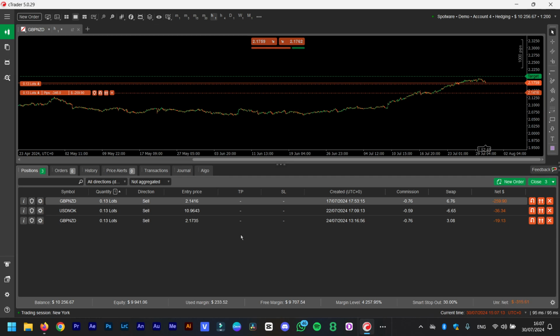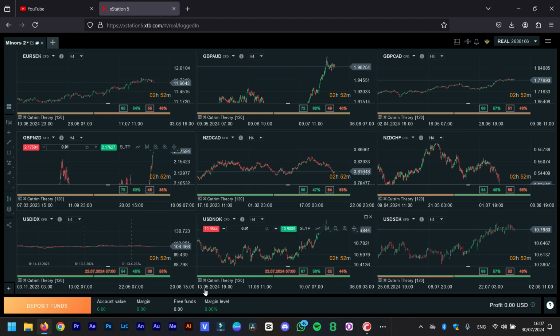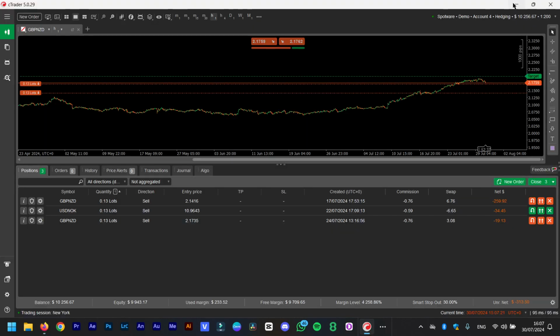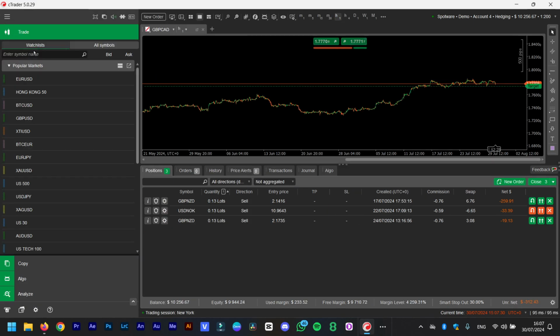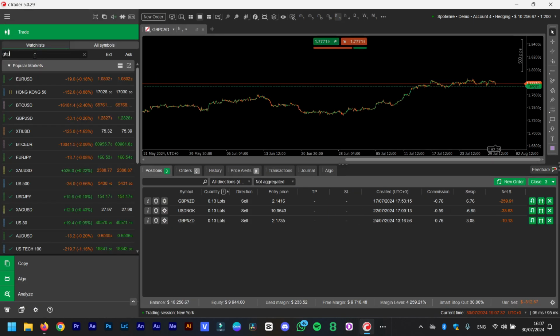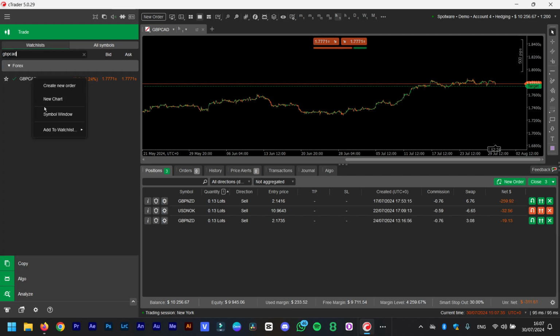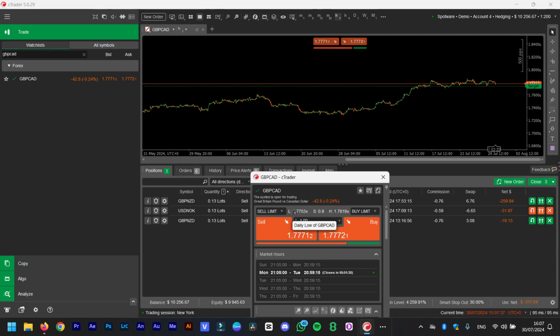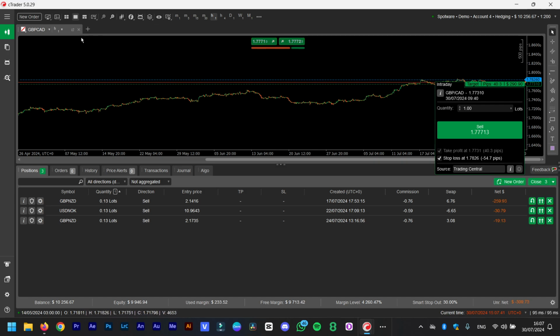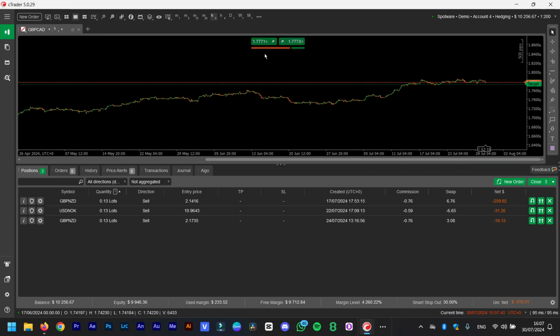So what I'm gonna do instead is, let me see. Okay, I'm gonna try and sell GBP CAD in this case though. Let me just look at the spread. Spread's 0.9, so it's okay. And we're gonna sell 0.10, okay?